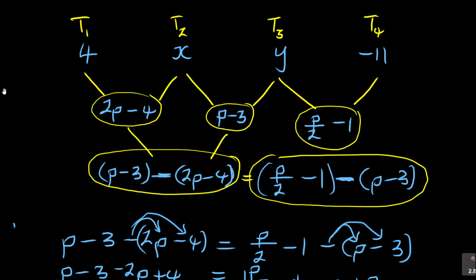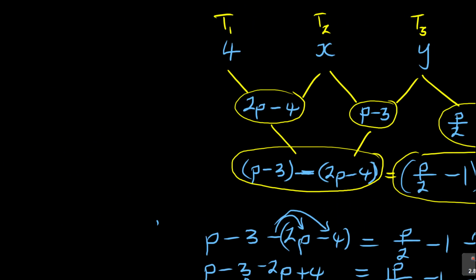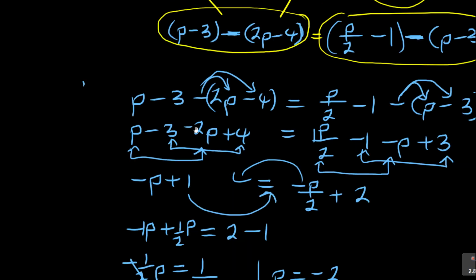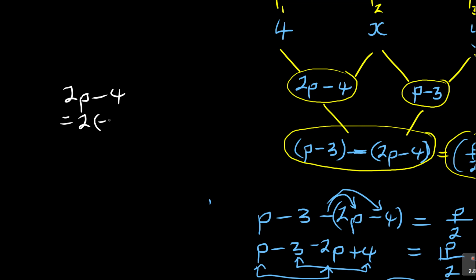If I can now put my p here, what is 2p minus 4? Remember p is negative 2, so 2 times negative 2 is negative 4, minus 4, which is negative 8.